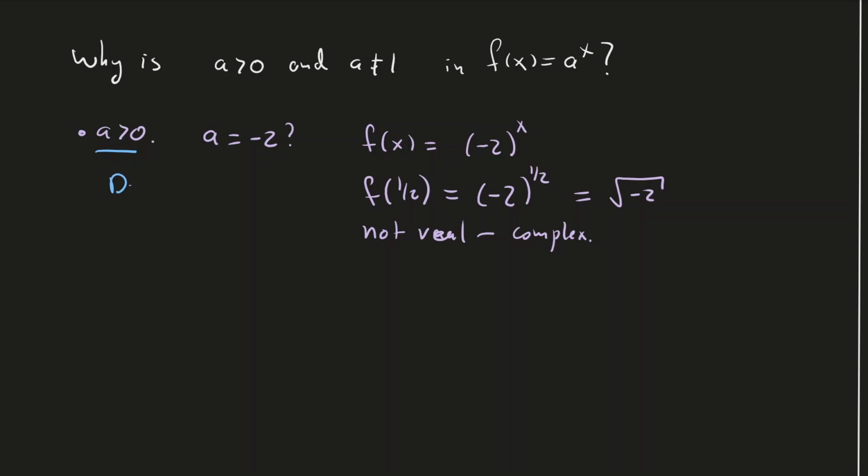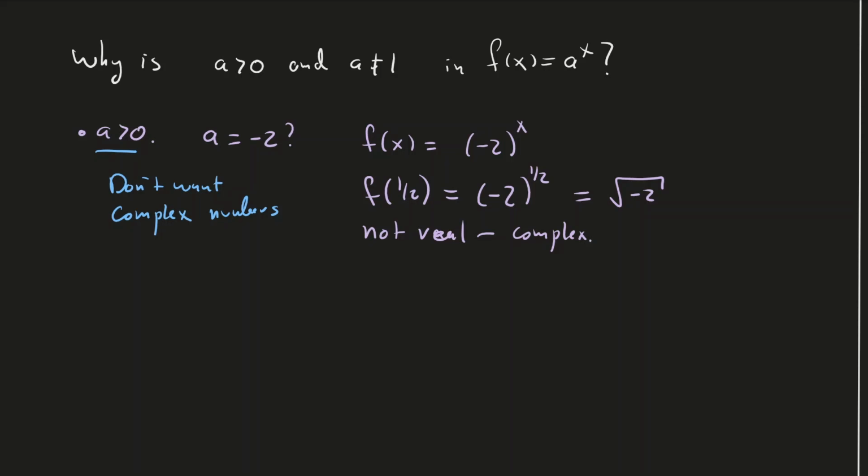We don't want complex numbers, depending on the choice of inputs. Some inputs work. If I plugged in 1, f of 1 is equal to negative 2. That's a completely valid input, but with this one you essentially toss out anything that will have an even denominator, so all fractions with even denominators.